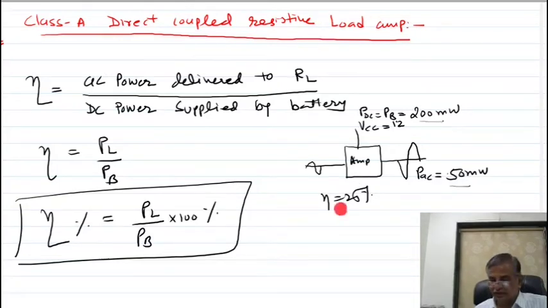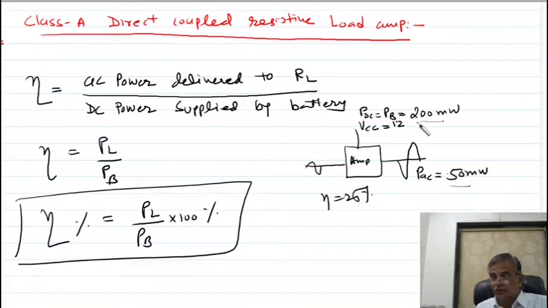Because this circuit is how much efficiency? 25%. So this is a direct coupled resistive load amplifier. So efficiency is 25%. So this converts only 25% of this, which is how much? 50. Now someone said, hey, sir, I want to increase the efficiency. From 25 I want to increase to 50%, 60%. What should I do?